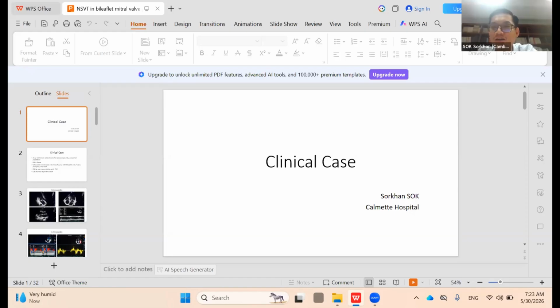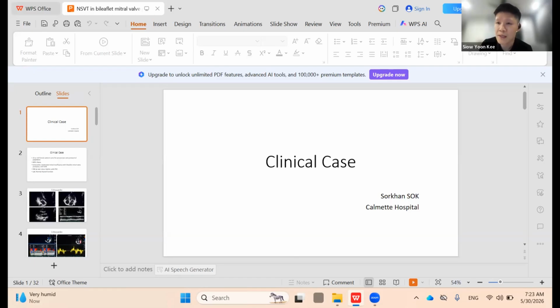Yes, I asked Dr. Chen Hong also, and they told me that it's the same with the retrograde approach and transseptal. So we did the transseptal first, and we hoped we got the result. But unfortunately, we could not eliminate it completely.